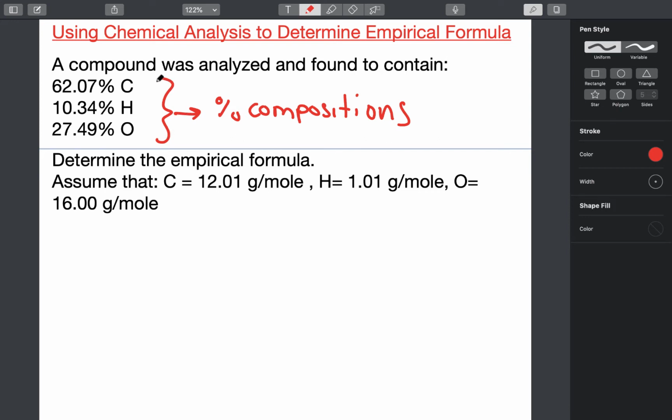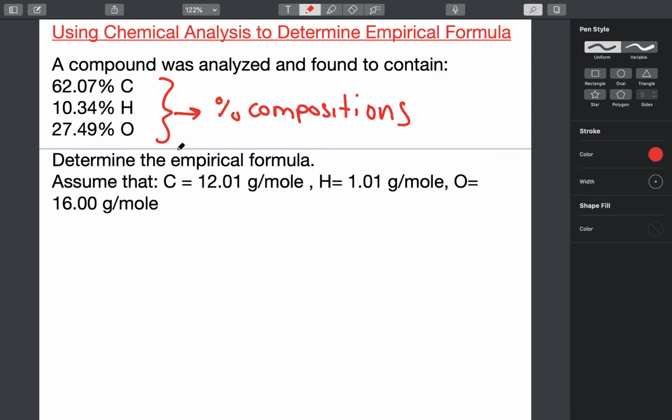Let's say that an unknown compound was analyzed and found to contain these percent compositions. So the compound contains 62.07% carbon, 10.34% hydrogen, and 27.49% oxygen.